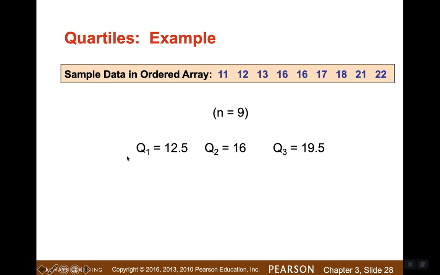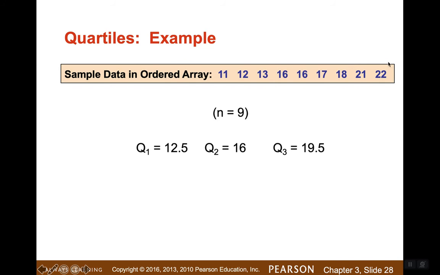Now, how would we use this? Let's look at an example here. I have 9 values. My quartile 1, my dividing line here, is going to be 12.5. Q2, which is our median, is going to be 16. And then quartile 3 is going to be 19.5.